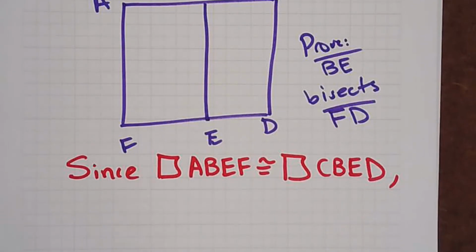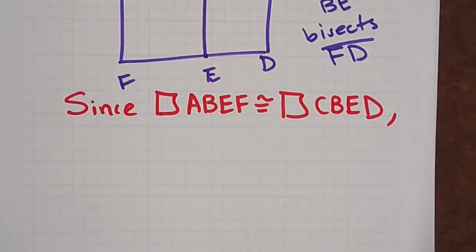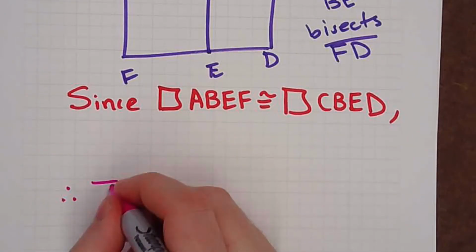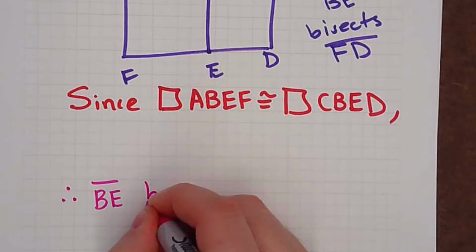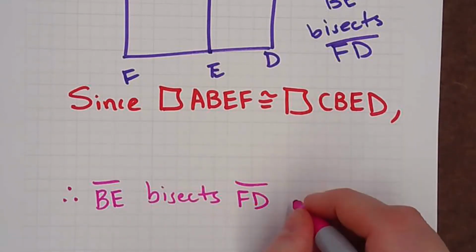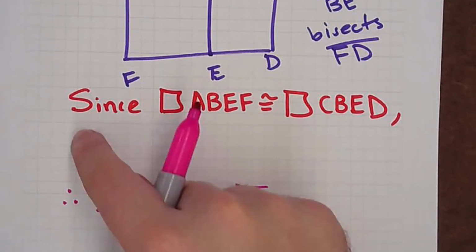Should take about 3 steps to do it. The last step will be to write what they wanted, right? So you'll write BE bisects FD. That'll be the last part. The middle part is what you've got to do.